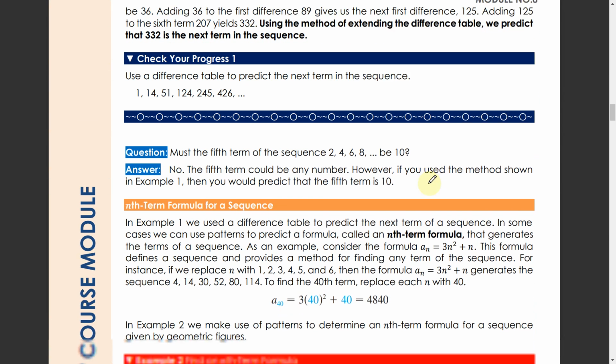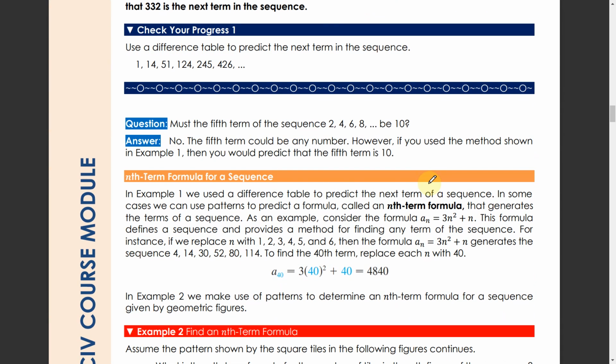So here ang atong gamiton na pod kay nth term formula. No? So in example 1, we use a difference table to predict the next term of a sequence. So in some cases, we can use patterns to predict a formula, and that is what we call the nth term formula. So that generates the terms of a sequence. So as an example, consider the formula a_n is equal to 3n squared plus n.